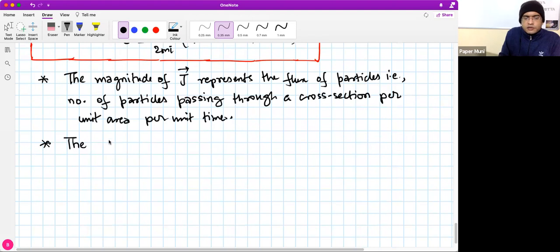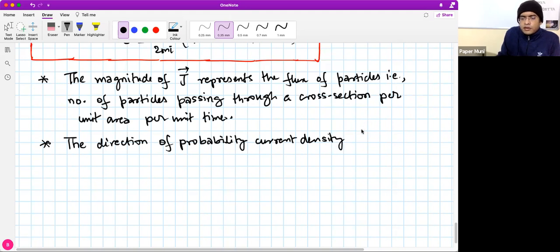The direction of the probability current density is along the direction of flow of particles.